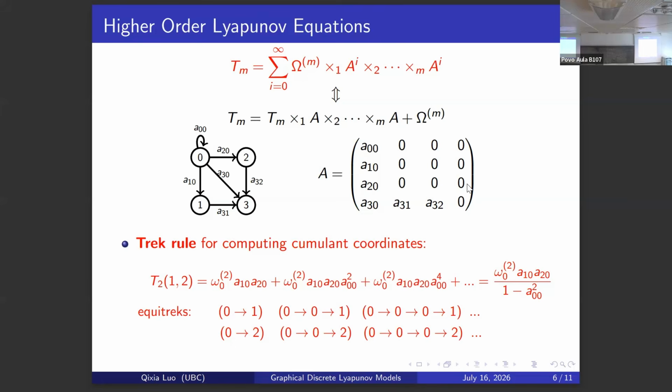Then we have A10, because that's the edge associated with the first path in the equitrek, and we have A20, associated with the second path. Similarly for the other monomials, and in this case it is a simple sum because it's a geometric series, and that simplifies to this rational expression. It converges because A00 has absolute value less than 1, since A is a stable matrix.